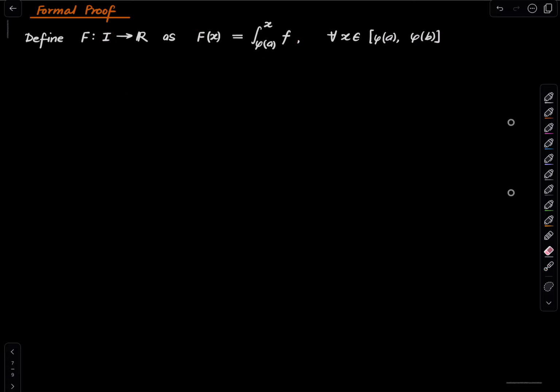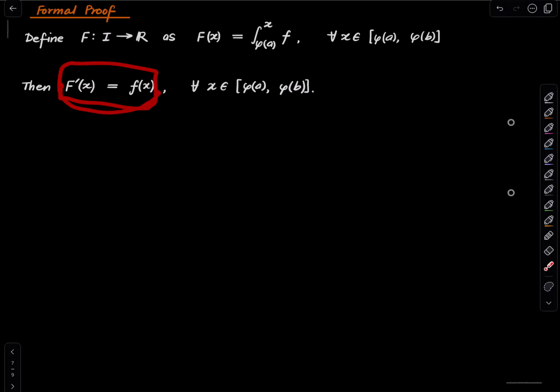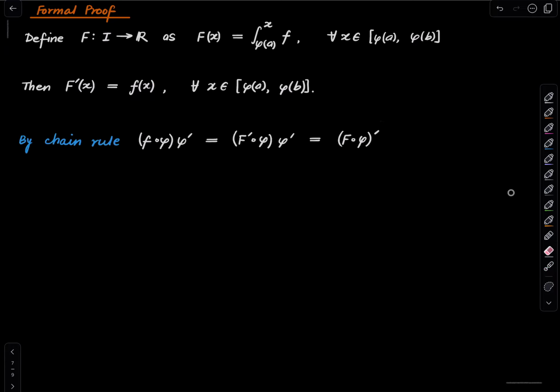All right. And then, as we saw in the previous lecture, this is called the second form of the fundamental theorem of calculus, that the derivative of capital F is the same as little f. Okay. Now, by the chain rule of differentiation, this is the same as, I mean, this is just an equality.